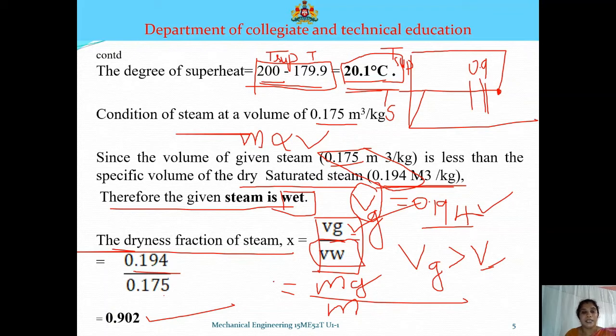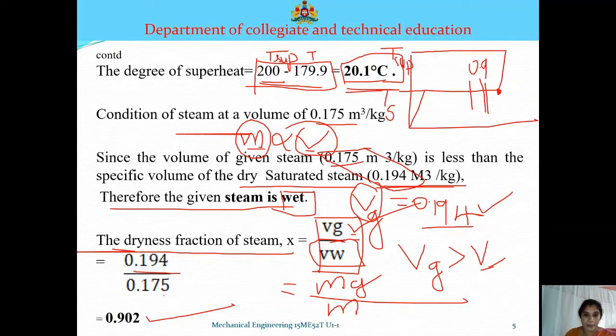That will be expressed by using the dryness fraction. Since volume is directly proportional to mass, in place of mass, we'll write it as V. We're going to write the expression as Vg by Vw, where Vg indicates the specific volume of dry saturated steam and Vw indicates the specific volume of wet steam.